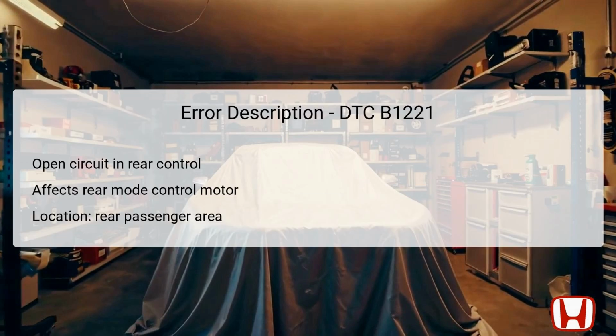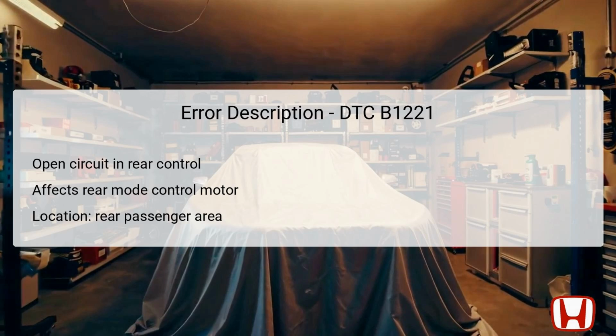The error represented by DTC B1221 suggests there is an open circuit within the rear mode control motor circuit. This motor plays a crucial role in regulating airflow based on driver and passenger preferences, particularly affecting the rear air conditioning unit.